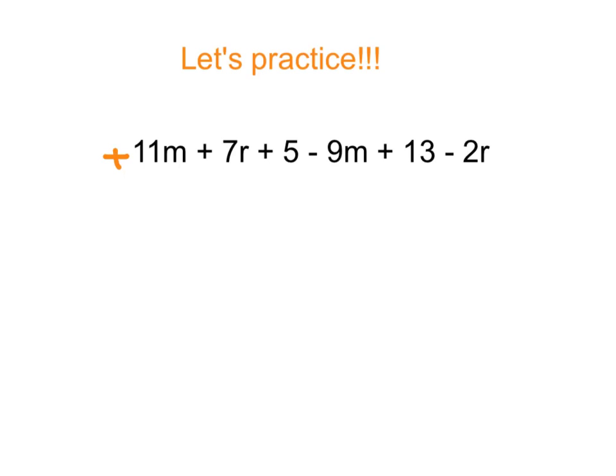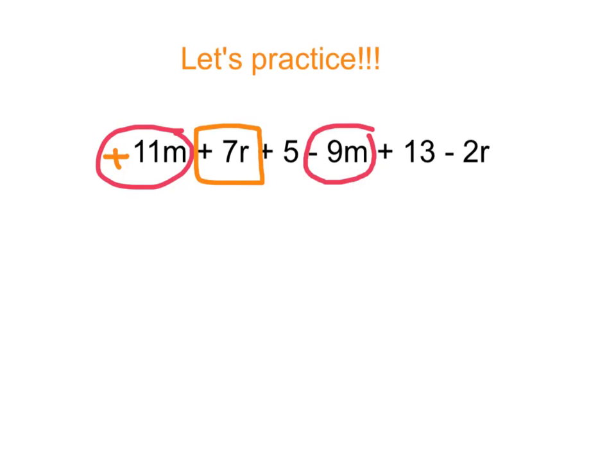So let me circle all my like terms. I see there's 11m and there is subtracting 9m. I also see that there is a positive 7r and a subtraction of 2r. And then last but not least, I see that I have a plus 5 and a plus 13.